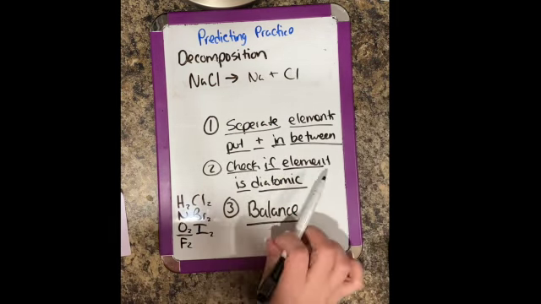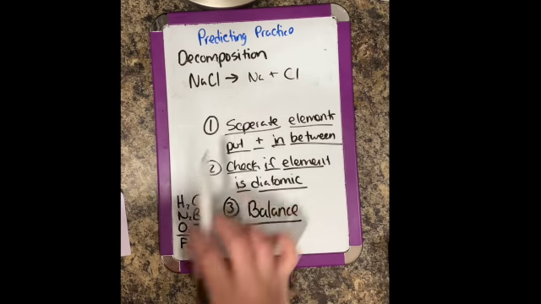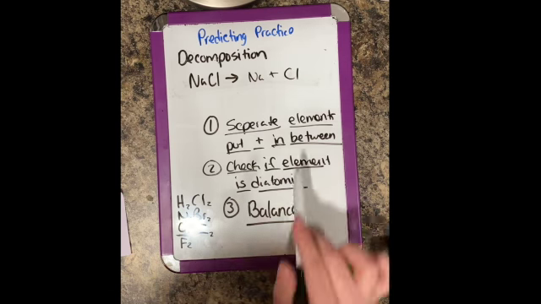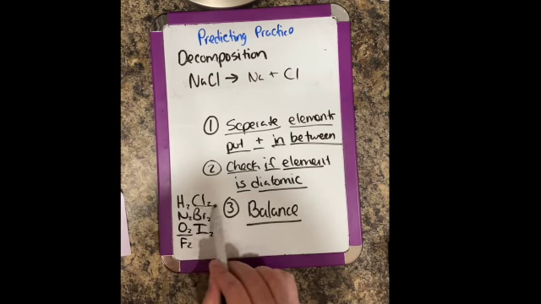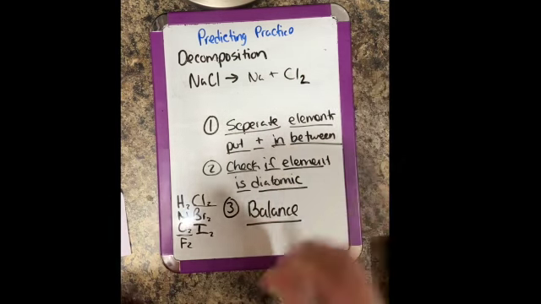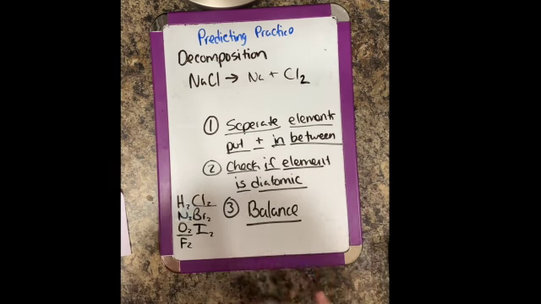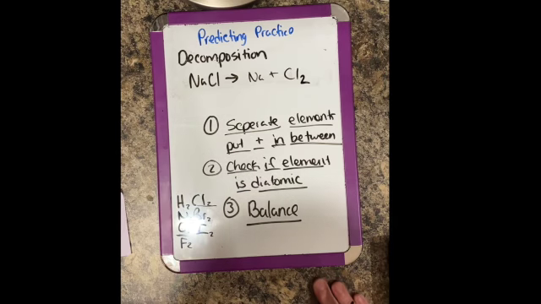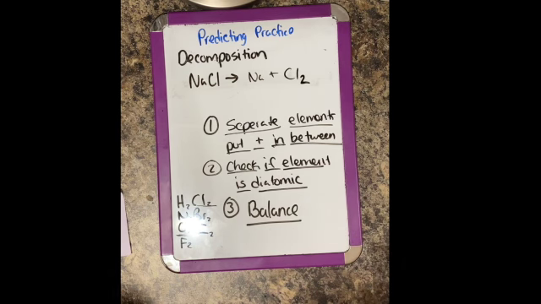Step 2, check if element is diatomic. So is Na in this list? No, so we just leave it alone. Cl is in this list, so we will put a 2 right there. And then step 3, you will need to balance this reaction. Again, if you need help with balancing, just let me know. I'll be happy to help you. For time's sake though, in this video, I'm not going over balancing because I go over that in the balancing video.